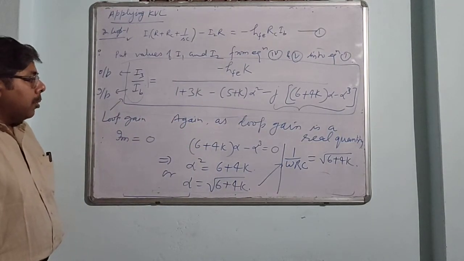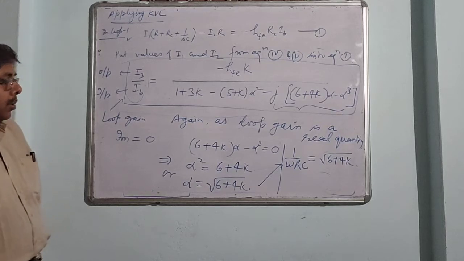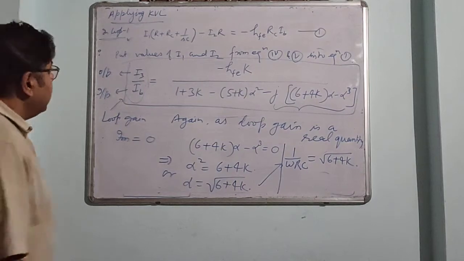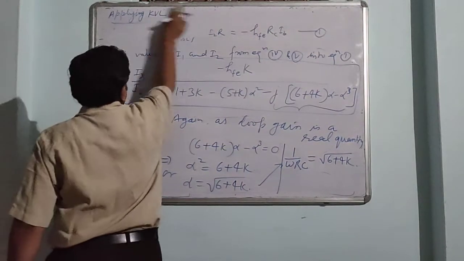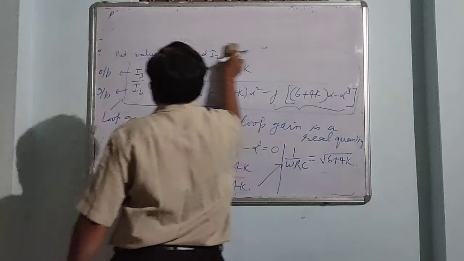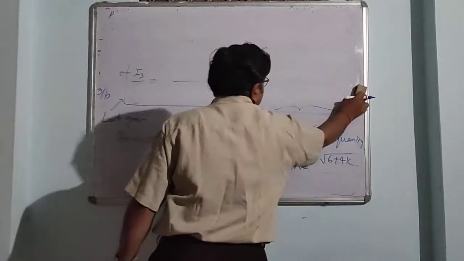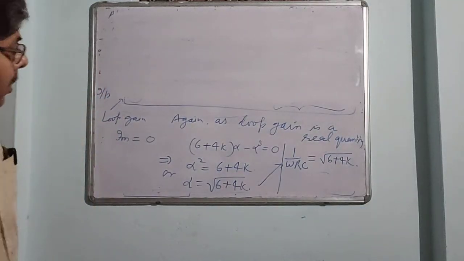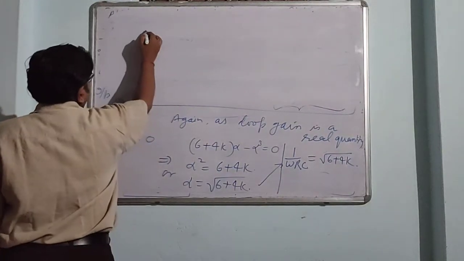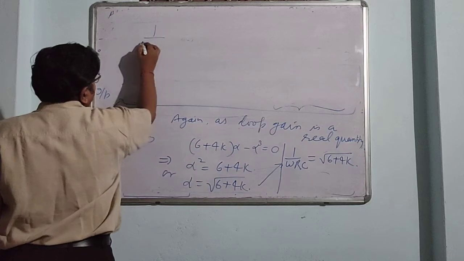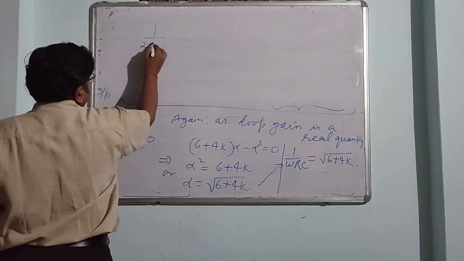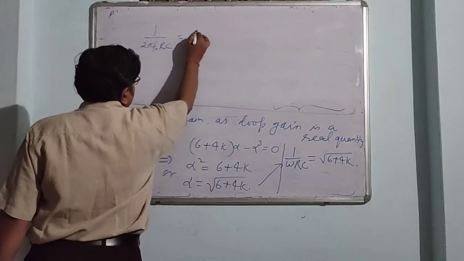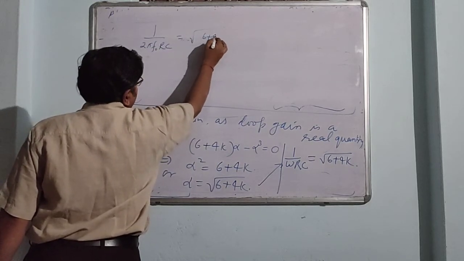Value of alpha is 1 upon omega RC. So this is the value, and from here you can get frequency of oscillation. This implies 1 upon omega 2 by f naught RC equals under root 6 plus 4k.